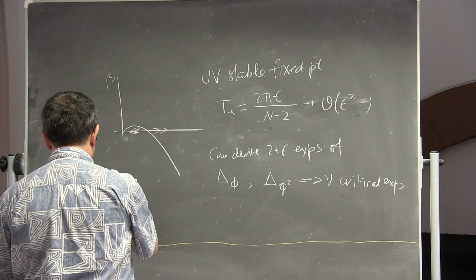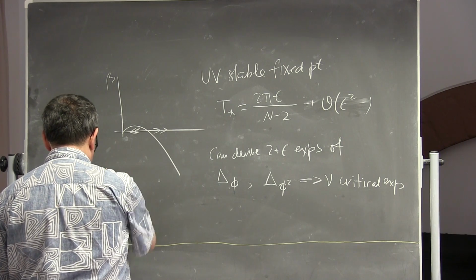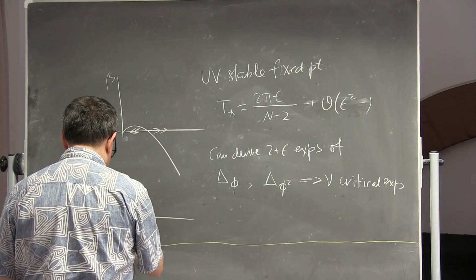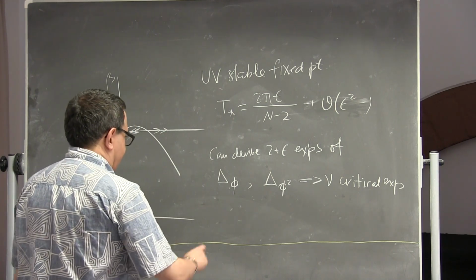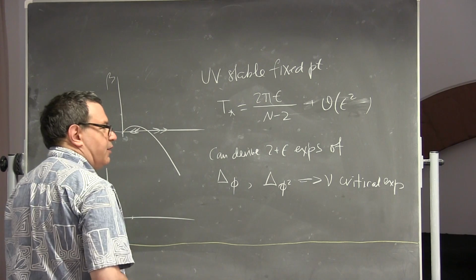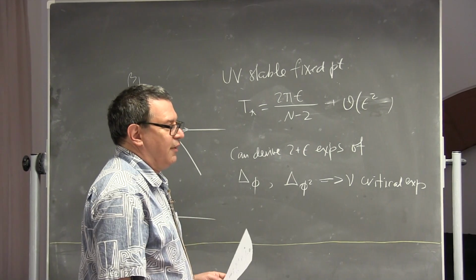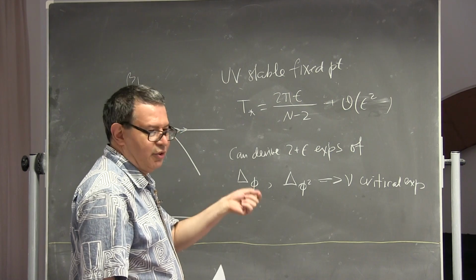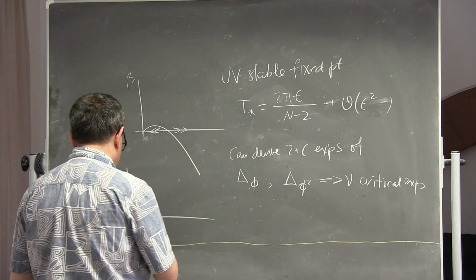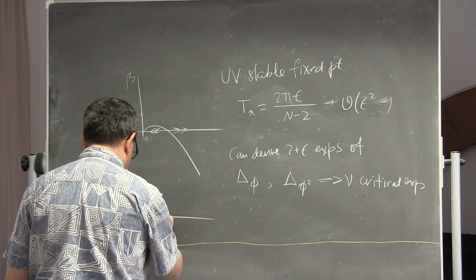For example, for the sigma model, you can start plotting. So this is d equal to 2, and then the dimension. The dimension of n for n equal to 3 is just 0. So it goes to 0 here.